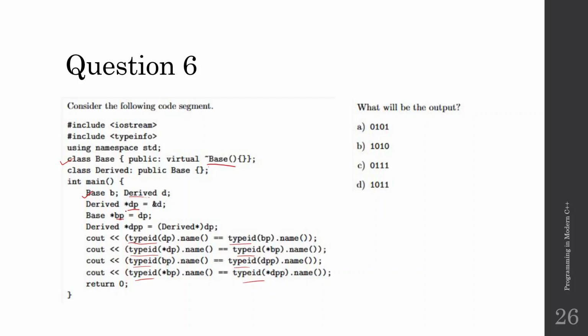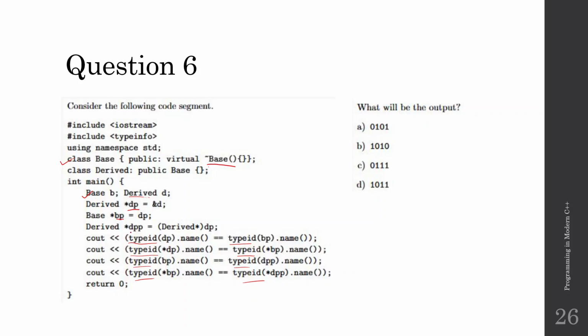Okay, so here you can see in the previous line dp is of Derived star type and we are setting it to bp. So it is being implicitly cast. The dp Derived star pointer is being implicitly cast to a Base star type pointer.